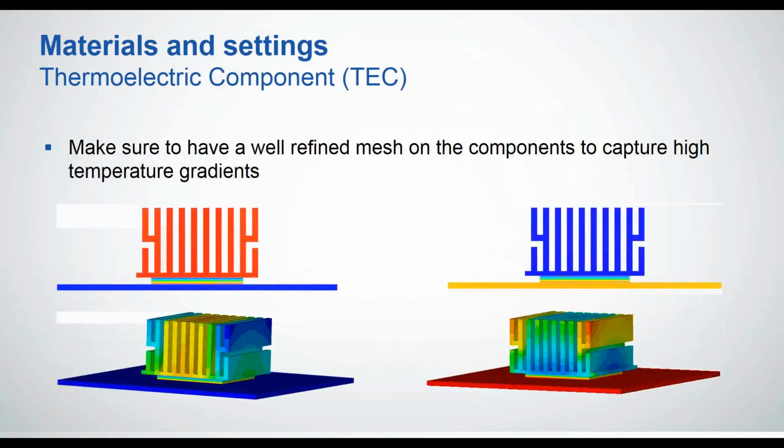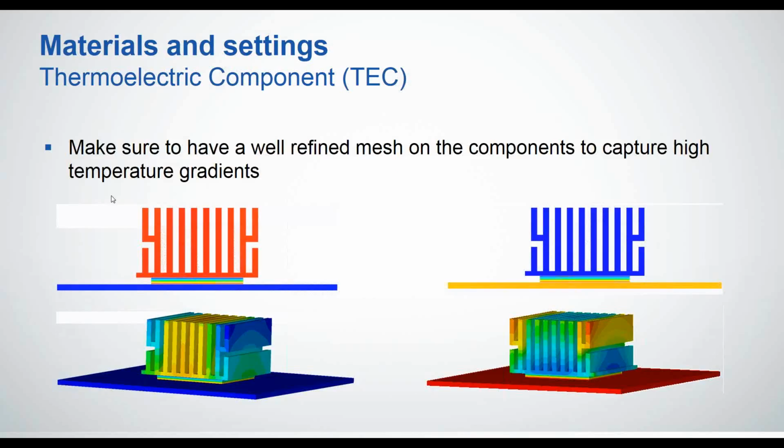So I made a sample simulation of the tech material, and I represented two ways to do it. On the left side, I wanted to maintain the temperature of this solid, which I named PCB, as cold. And on the right side, I wanted to maintain rather the heat sink, this aluminum solid, as cold.